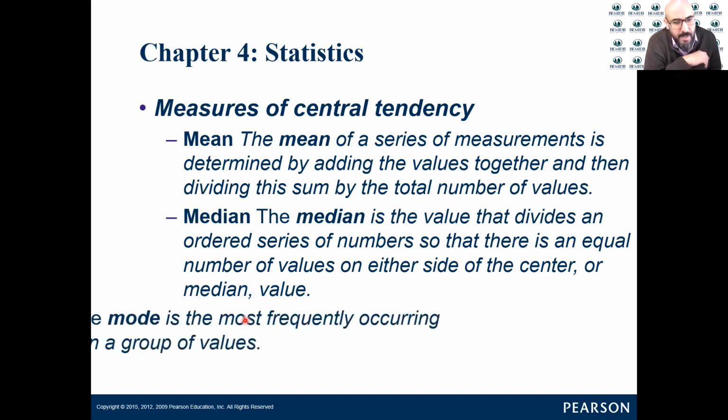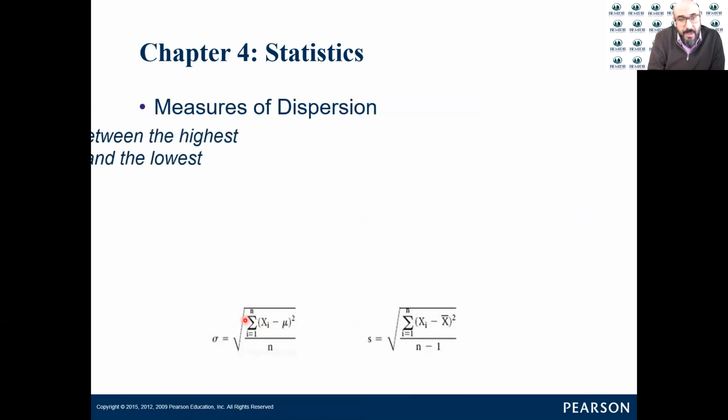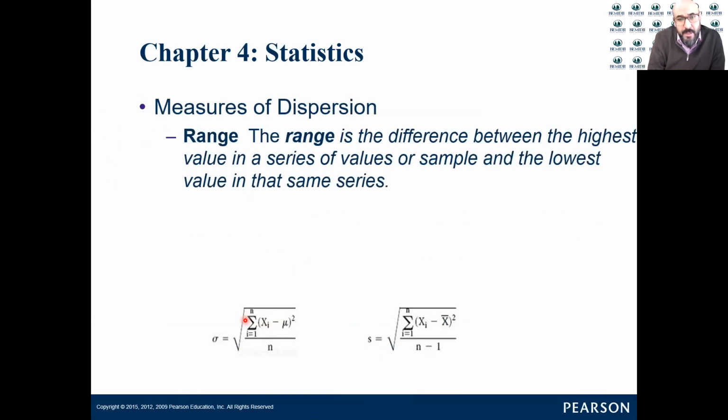And the mode is the most frequently occurring number in a group of values. These are the measures that we use to measure the central tendency. And for measuring the dispersion, we use the range and the standard deviation.